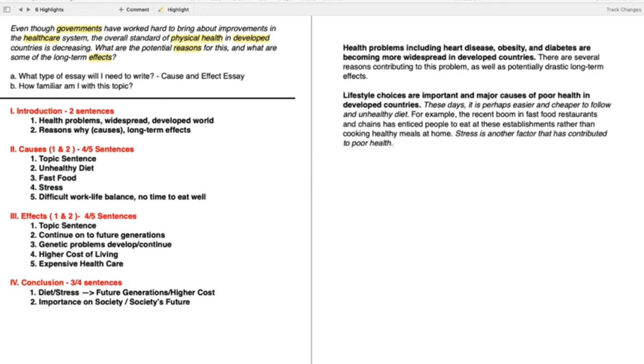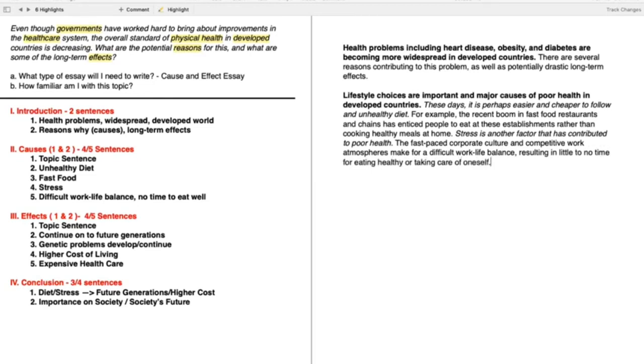Now I'm going to give an example, and I'll say something like the fast-paced corporate culture and competitive work atmospheres make for a difficult work-life balance, which is something that I wrote here as well in my outline. And I'll say resulting in little to no time for eating healthy or taking care of oneself.